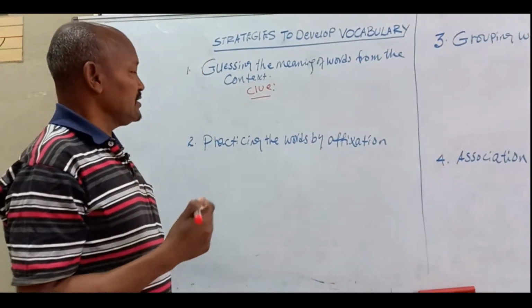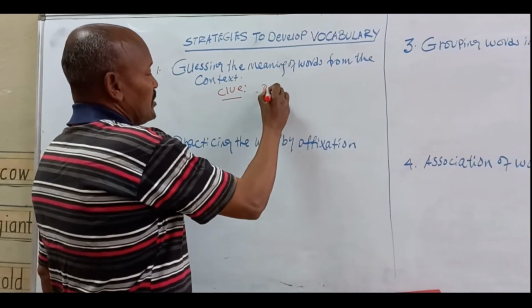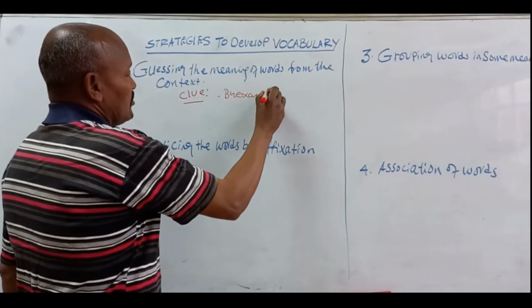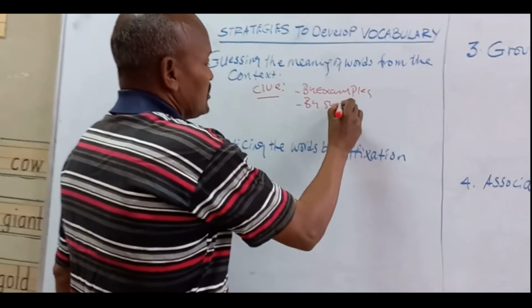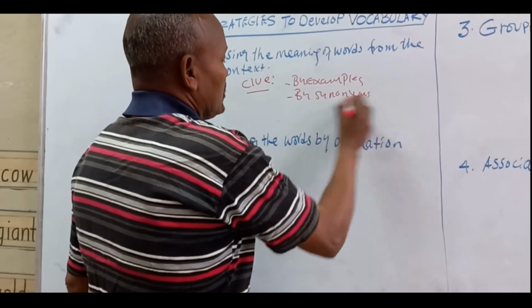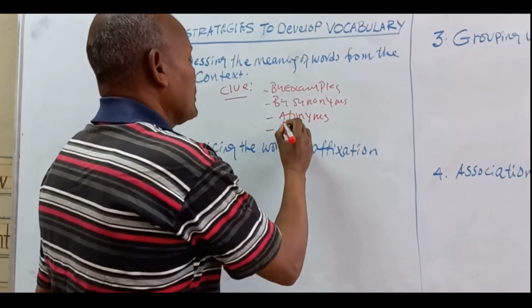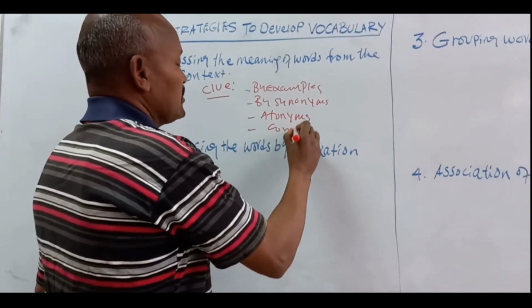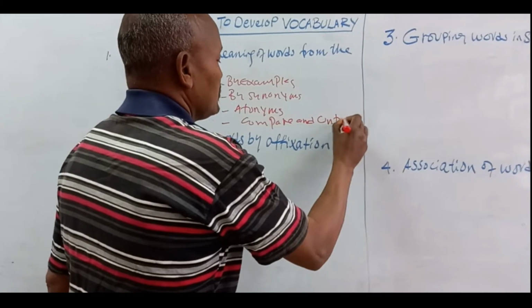So how can we find clues? The first one is by examples. Second, by synonyms. The third one is by antonyms. The fourth one is compare and contrast.